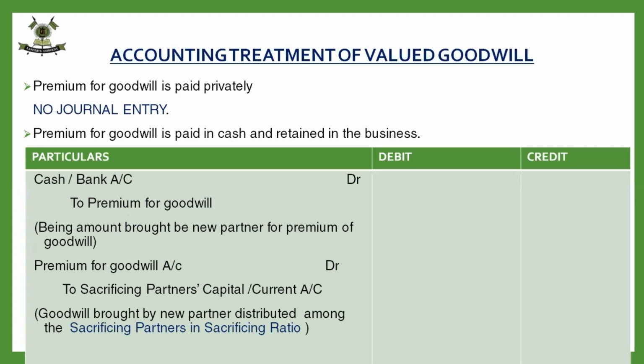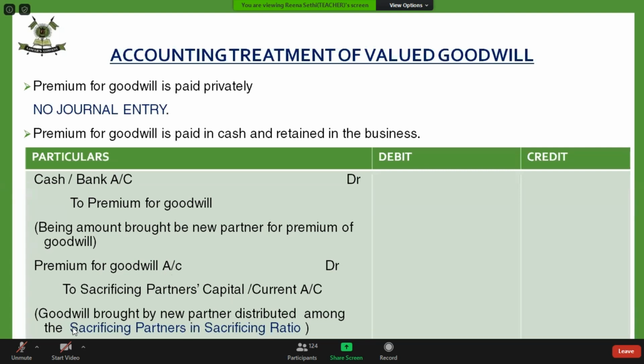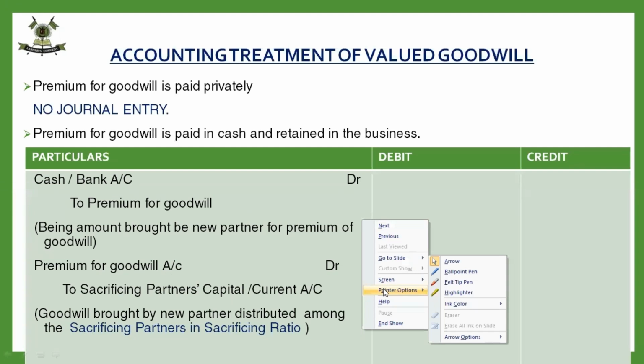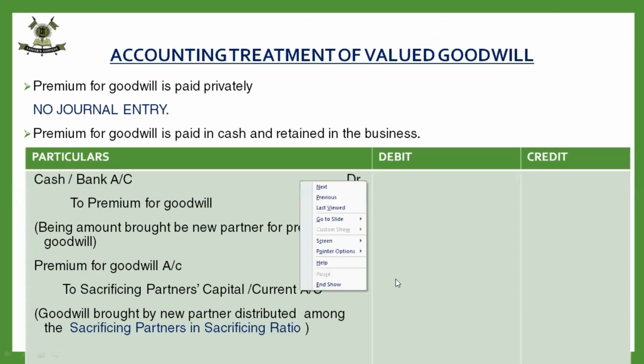And this premium for goodwill, he is bringing for the old partners who have sacrificed their share. So this will be distributed amongst the sacrificing partners. Children, I have mentioned here sacrificing partners, not old partners, as there might be a case when one of the old partners is not sacrificing his share. So in that case, we are not going to give him any share in the premium for goodwill.